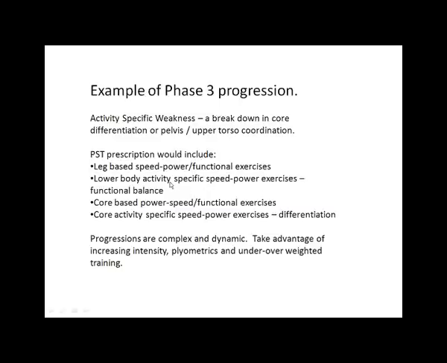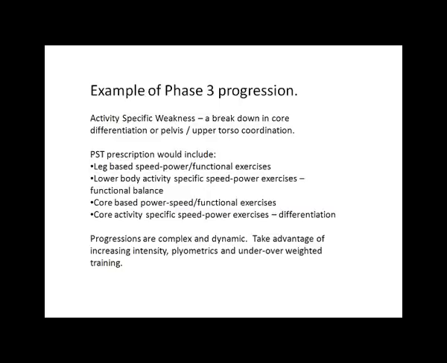And that's where we move into our lower body activity-specific speed and power exercises and functional balance. So in this case, what we might start to do now is use ballistic plyometric-based exercise. So we take half swings or partial throws or partial serve movements, and we start to do them at speed.